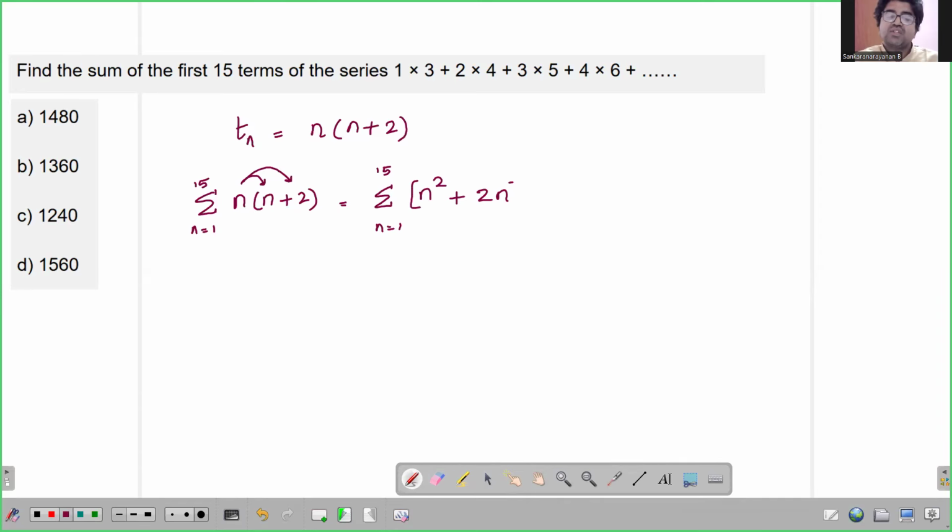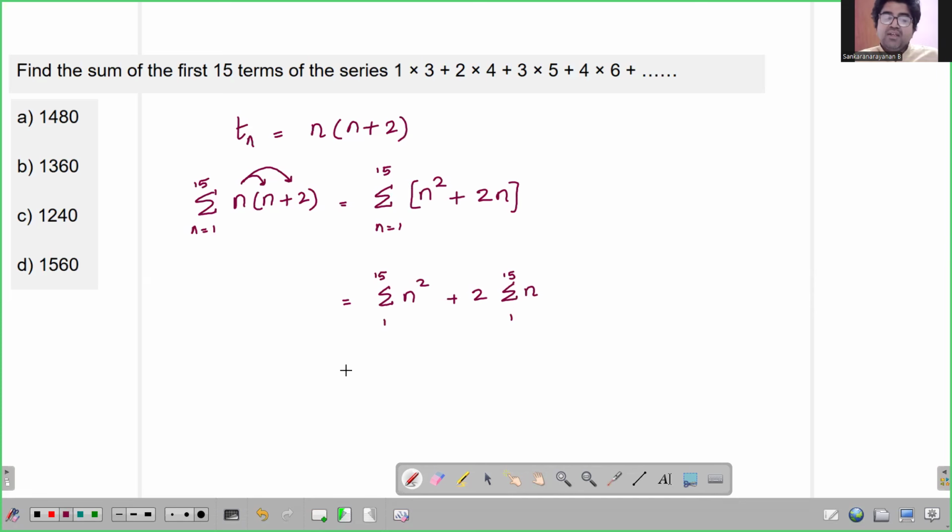You are asked to calculate this. So summation n square for n equals 1 to 15 plus 2 times summation n, 1 to 15.